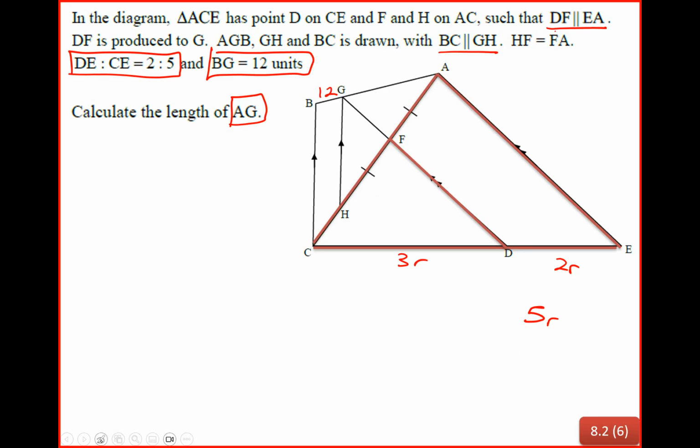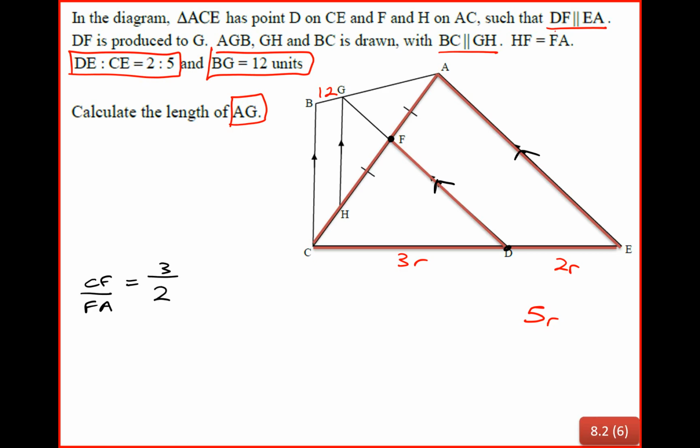So to do that, I'm going to write that down. And we'll start with CF over FA. Now remember, we have our parallel lines that are given. So we broke it at F. CF over FA would be equal to 3 over 2 as a ratio.